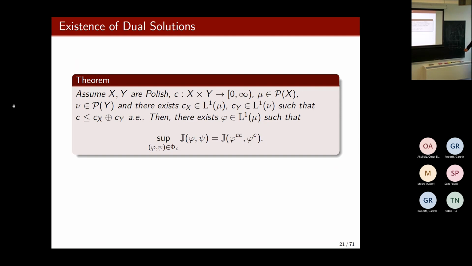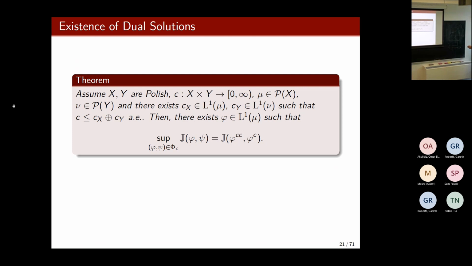Okay, so the point of stating this is to show that the maximizers of the dual form take the form of a C transform pair.